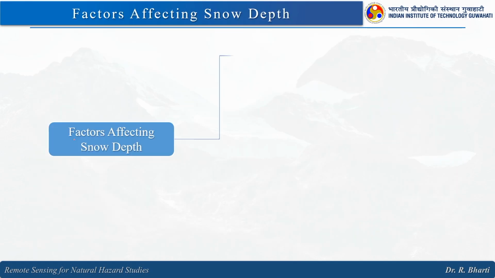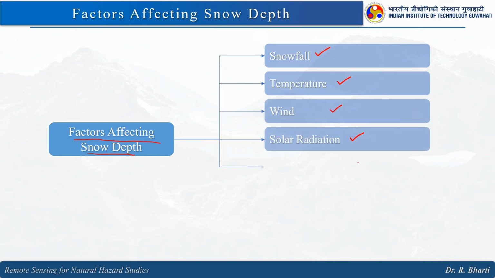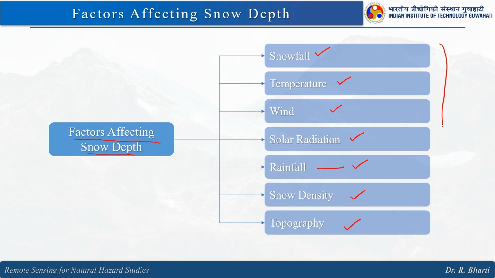The factors which affect snow depth are snowfall, temperature, wind, solar radiation, rainfall, which is liquid precipitation, snow density and the topography. These all together define what will be the depth of the snow from the surface.